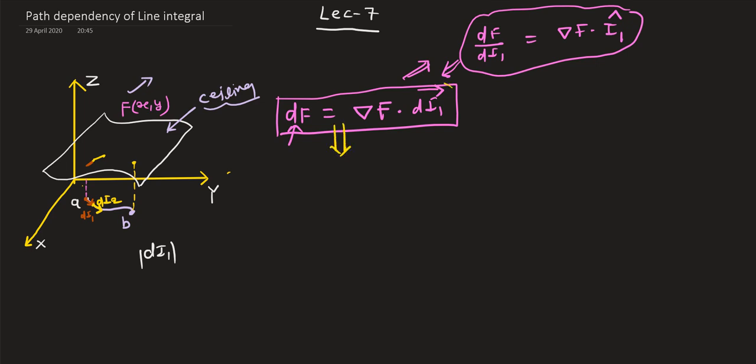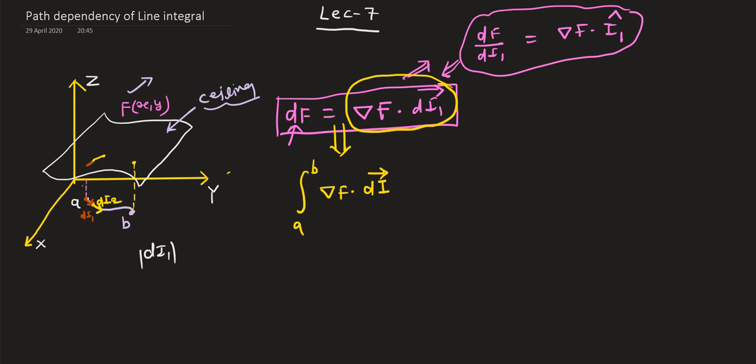This is the change in the function when you go an infinitesimally small distance. Likewise, if we add up all the changes, we can find the total change from point A to point B. I can write the total change as the integral from A to B of del f dot dl, where dl is a vector.